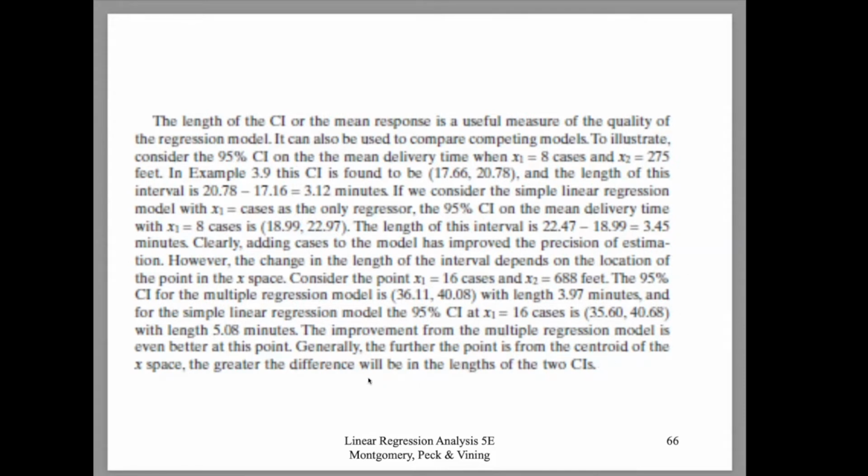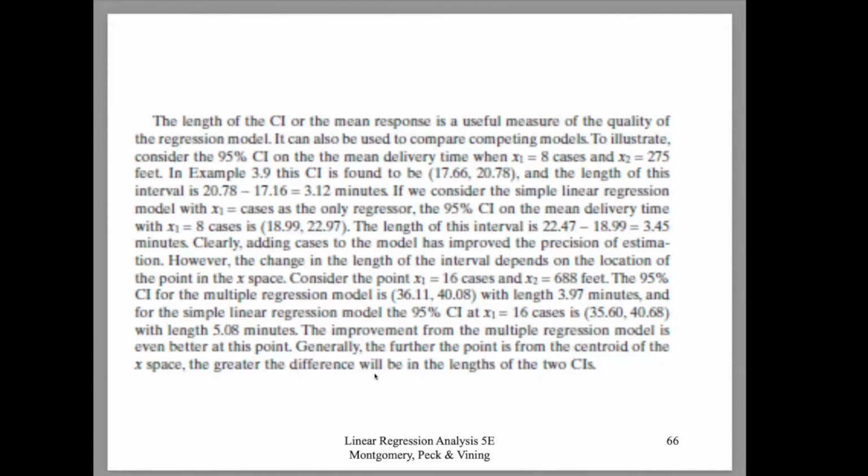Now, the other thing that this is pointing out is that if you do that kind of comparison, comparing the width of a confidence interval for a simple linear regression model, as was constructed in Chapter 2, with the width of a confidence interval when you've got, let's say, 2 explanatory variables. You could use more, but let's just focus on the 2 explanatory variables that we've got here. The difference in the widths is going to depend on the values of the x variables that you're looking at.